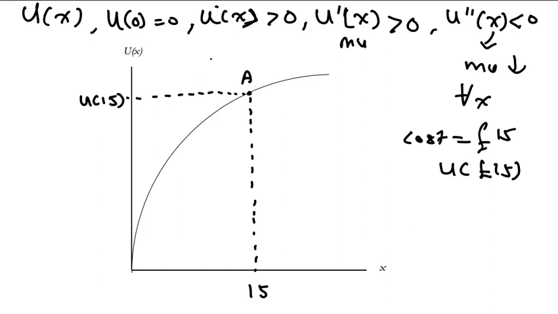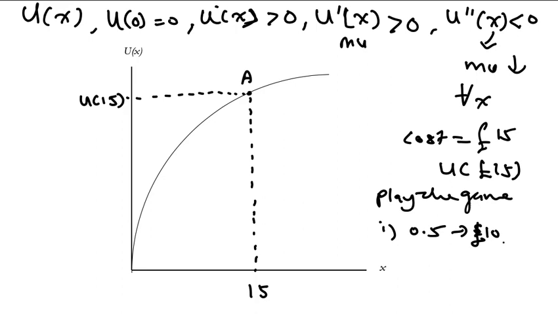But if the individual plays the game, then there are two possibilities. The first one: 50% he will receive a payoff of 10 pounds, 0.5 probability. It is shown at point M, for instance.